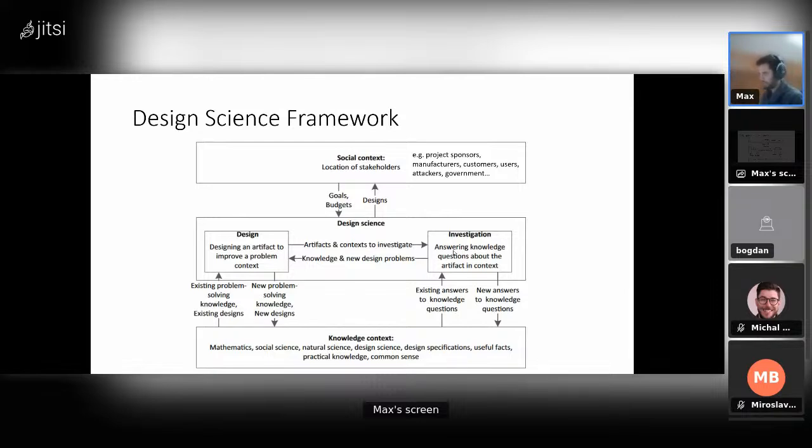From this, we can use it to solve our design problem or answer our question. The knowledge that we already have is called the prior knowledge, and then from the design or the investigation that we do, we will add some knowledge with the research that we did.